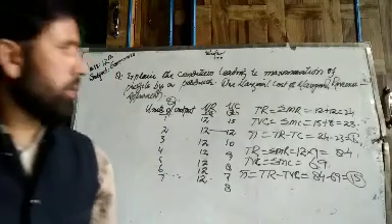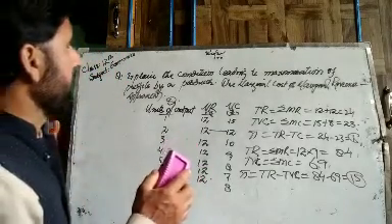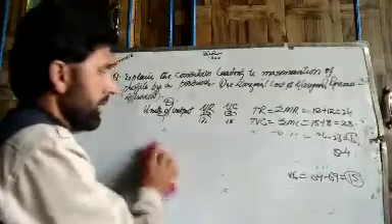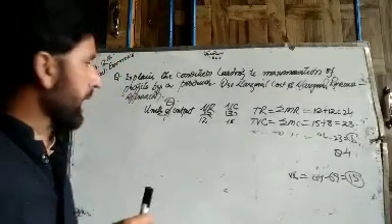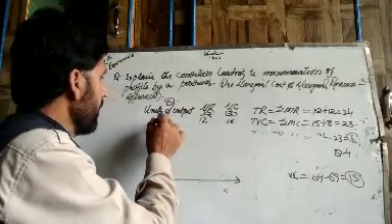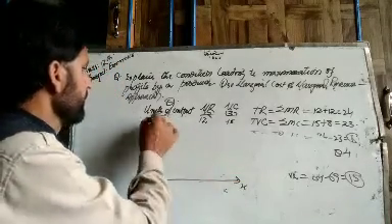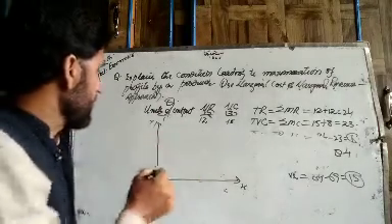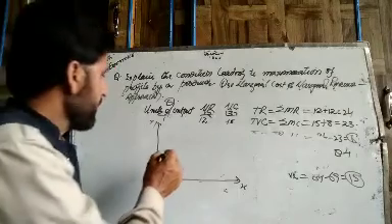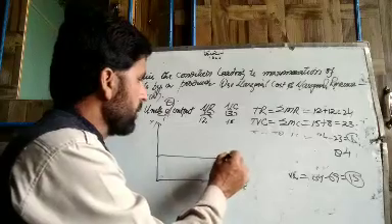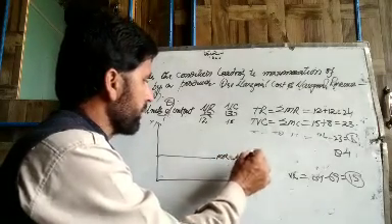Dear students, that was the question on explaining the conditions leading to maximization of profits. Now, I further explain it with the help of this diagram. On the x-axis we take output and on the y-axis we take price. When price is constant, marginal revenue is equal to average revenue is equal to price.